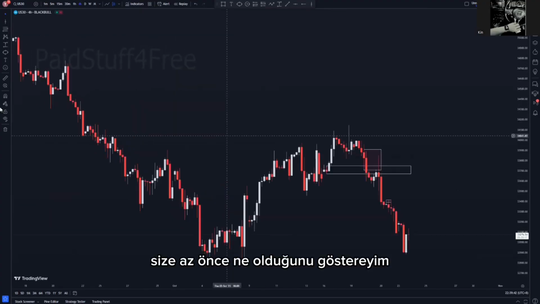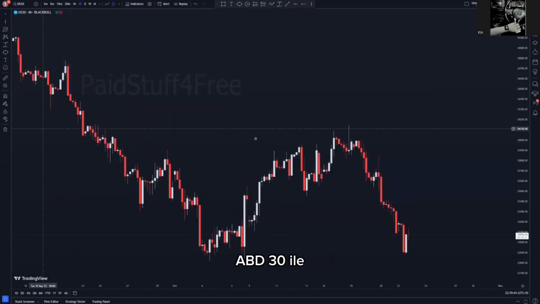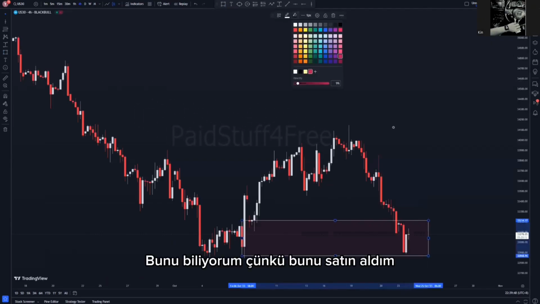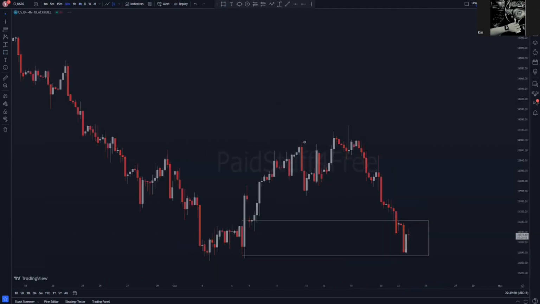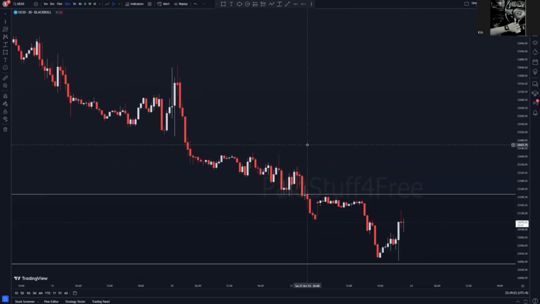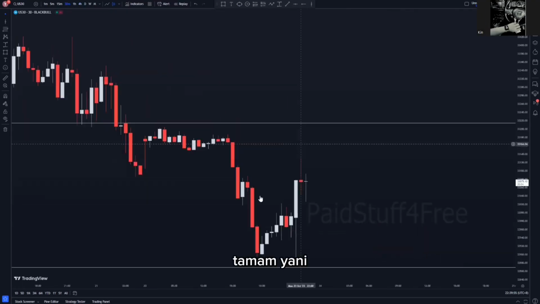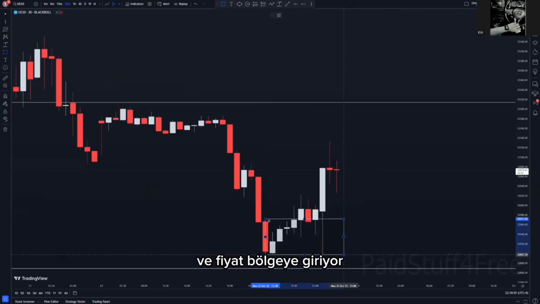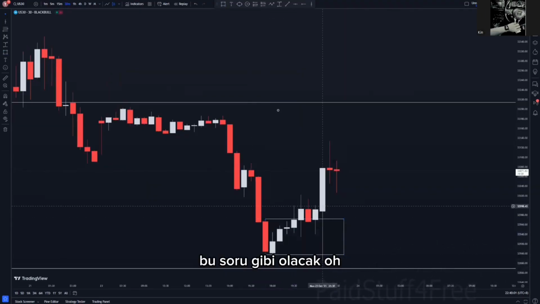Let me show you guys what happened just now with US30. ED buy, right? Yeah, I know about this one because I took a buy on this one. Okay, so the price created this TC and the price got into the zone. So this is going to be the question.